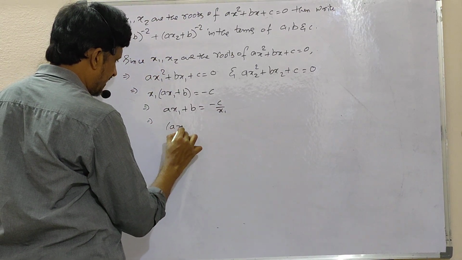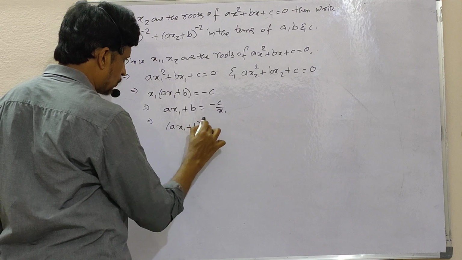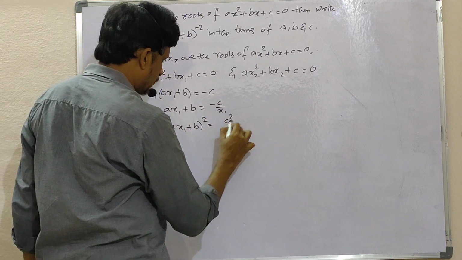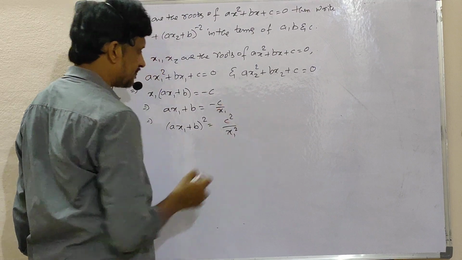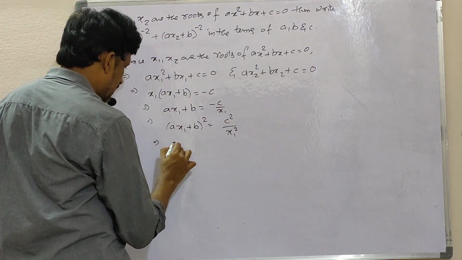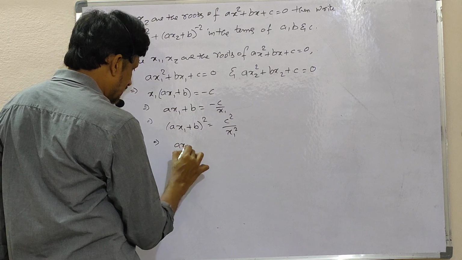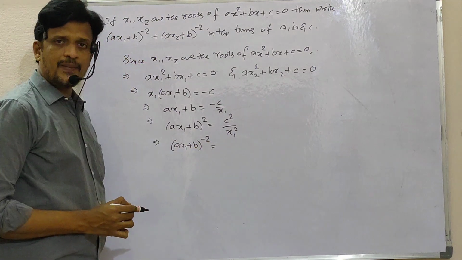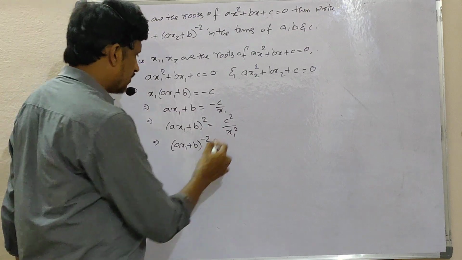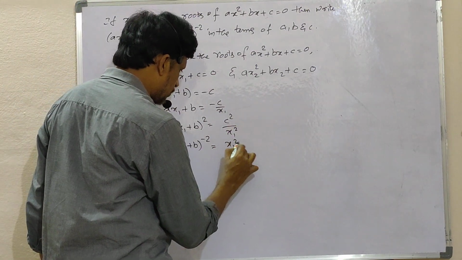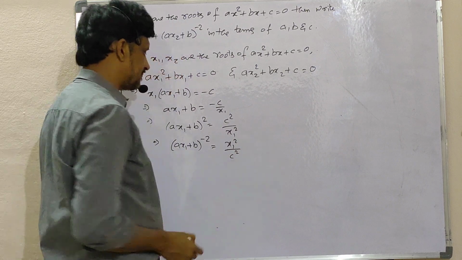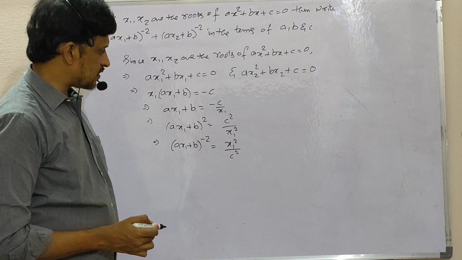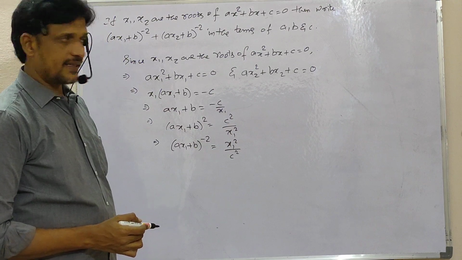So the value of (ax1 + b)² is, if you apply the square, c²/x1². So the value of (ax1 + b)^(-2), whole power minus 2 means take the reciprocal, will be x1²/c². That is the value of (ax1 + b)^(-2), x1²/c².